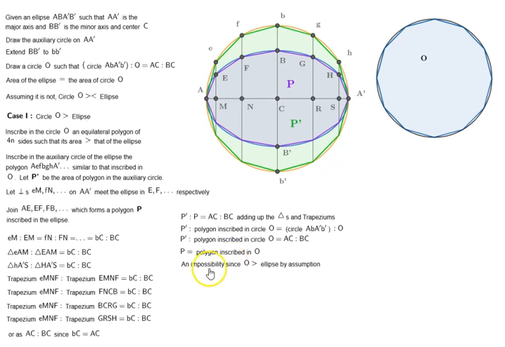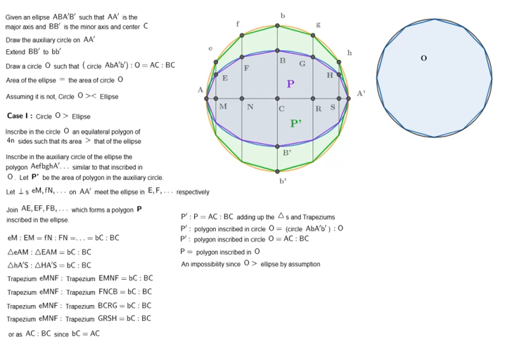So we can't have a polygon inscribed in the ellipse equal to the polygon inscribed in O. So that was case 1. So we have proved that circle O cannot be greater than the ellipse.